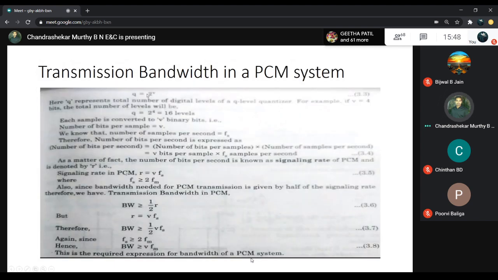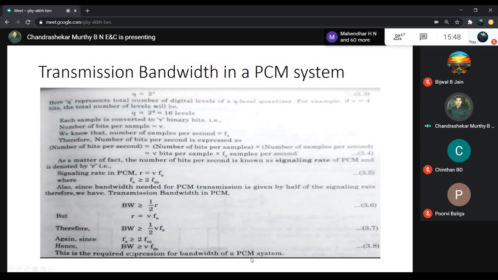Then we have also discussed the bandwidth of the PCM signal. The bandwidth is greater than or equal to vF_m, where v is the number of binary bits and F_m is the message signal frequency. Also the relation with F_s: F_s should be greater than 2F_m, and also R is equal to vF_s.